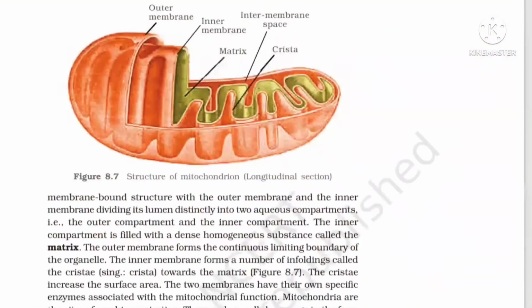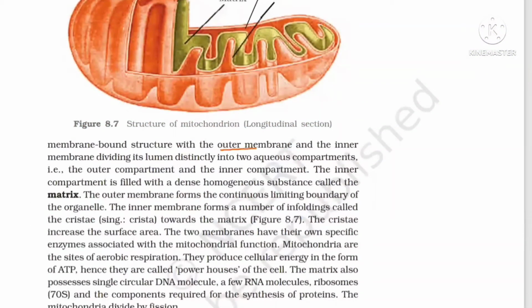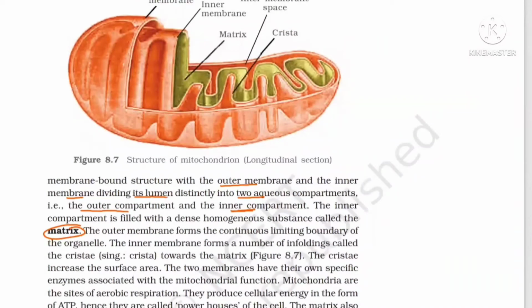Each mitochondria is double membrane, with an outer membrane and an inner membrane, dividing its lumen into two aqueous compartments, outer compartment and inner compartment. And the inner compartment is known as matrix. So see here, beta, this is your outer membrane. Please learn the labeling, they ask this also. This is the inner membrane. The inner membrane is thrown into finger-like projections, which are known as cristae.